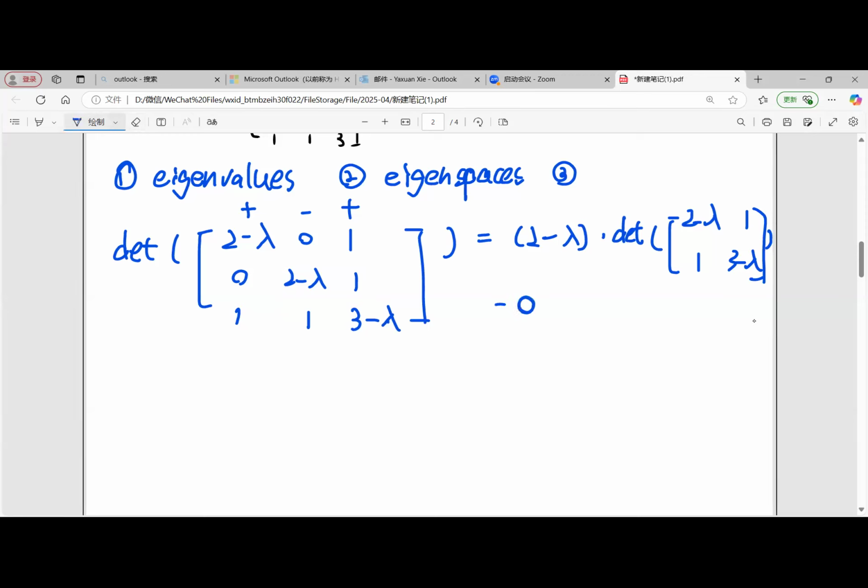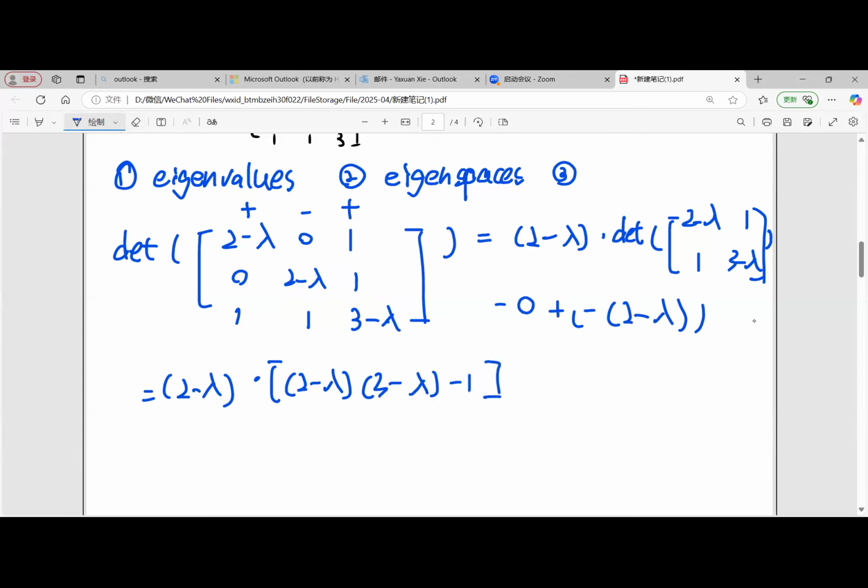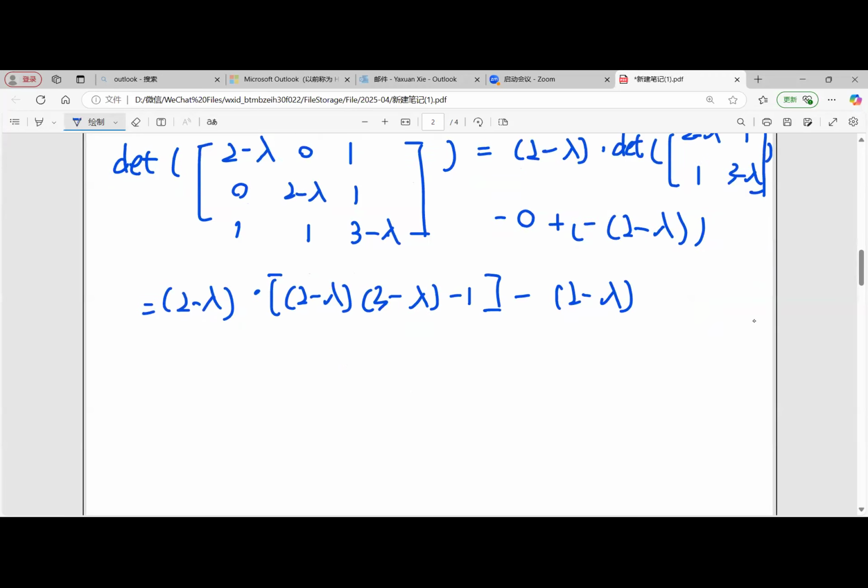Because this entry is 0, we don't need to do any calculations. And the last one is minus 2. So we'll get 2 minus lambda times (2 minus lambda)(3 minus lambda) minus 1, and that's minus 2 minus lambda.